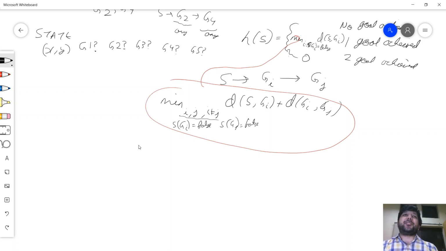So if I need to achieve G1, G2, G3, G4, G5, all of them, then I'll probably use something like that. If I need to go in a sequence, that means that I have two goals, G1 and G2, I first need to go from source compulsorily to G1 and then compulsorily to G2.